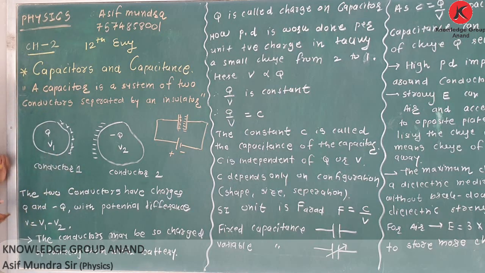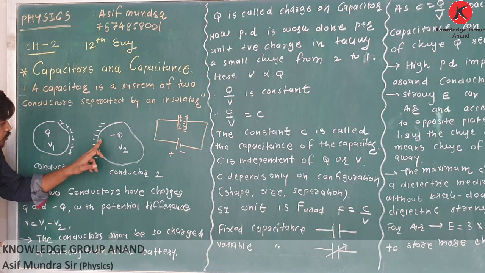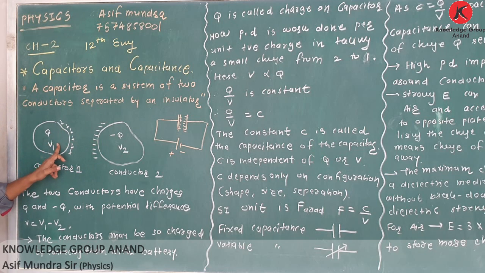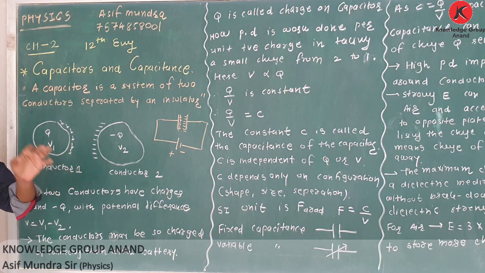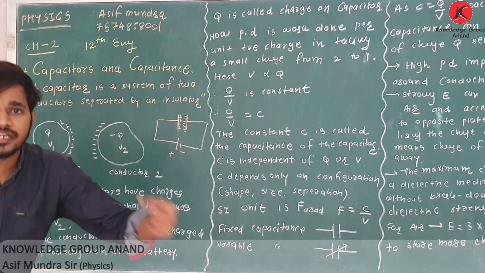And if air is ionized, then these charges can be accelerated, meaning charges can move from one conductor to another conductor. And we know that if a negative charge moves from conductor 2 to conductor 1, it will neutralize it. Means in short, charge is leaked.